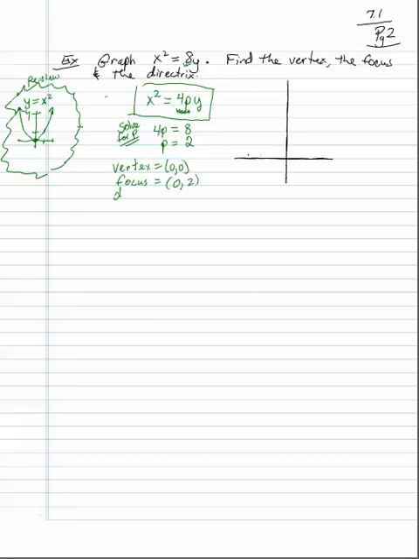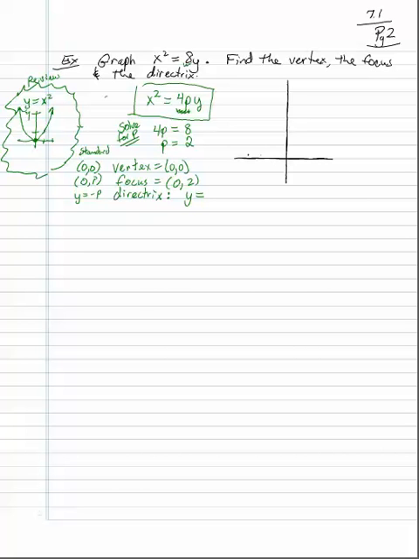And my directrix is going to be the line y equals the opposite of p. So this is just standard: 0, p, and y equals negative p.